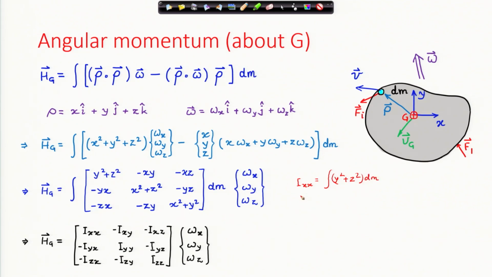This is the second moment of inertia, moment of inertia as it is called, and we have the products of inertia. Wherever unlike coefficients appear, they are called products of inertia. This is nothing but integral of x y d m, and similarly I x z is integral of x z d m.